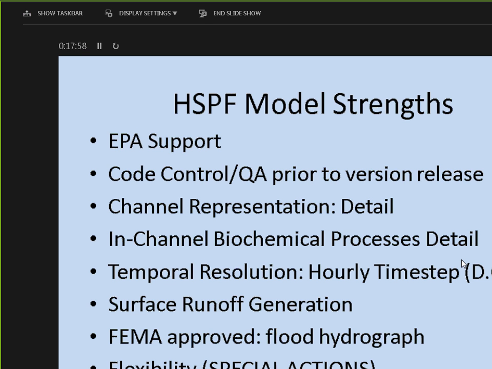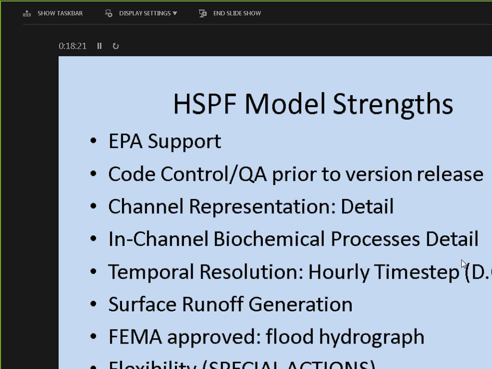The TR models are acceptable. There's a USGS PRMS model that's acceptable. SWMM is acceptable in urban areas, and then HSPF and GSSHA are approved for flood hydrograph determination studies. So that's another thing that's important. When we have to deal with daily loads, we have to be able to deal with storm events.